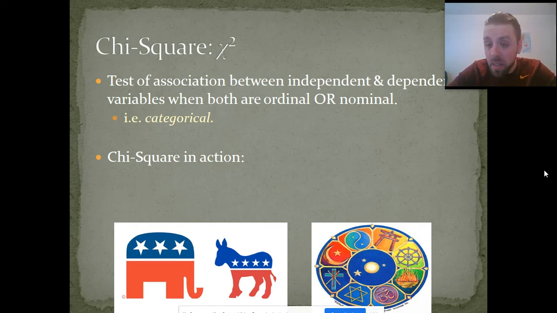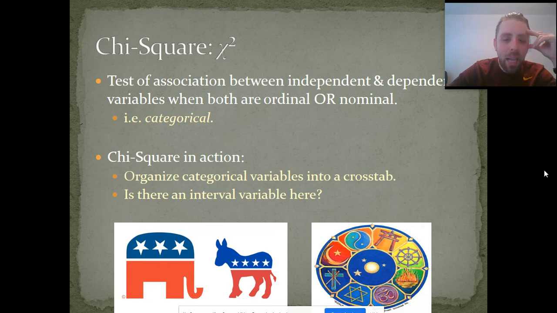So we know that there's clear difference there, but it's not something that can be precisely mathematically measured. And then on the right side, I have religious affiliation. So those are going to be my two variables here. Is there a relationship between political affiliation and religious affiliation, does one affect the other?